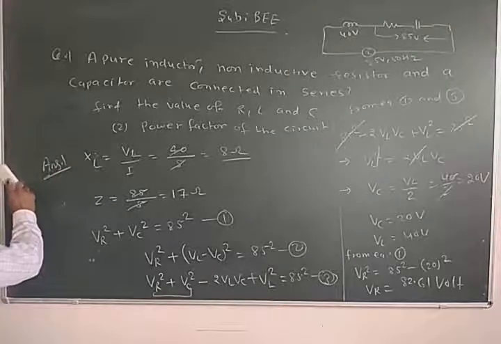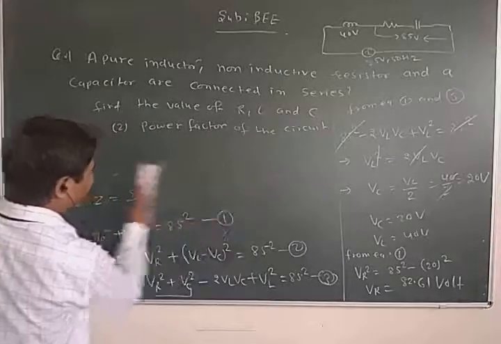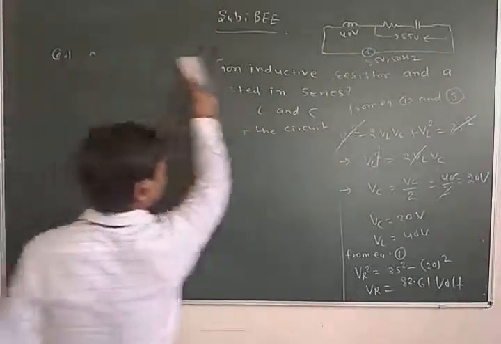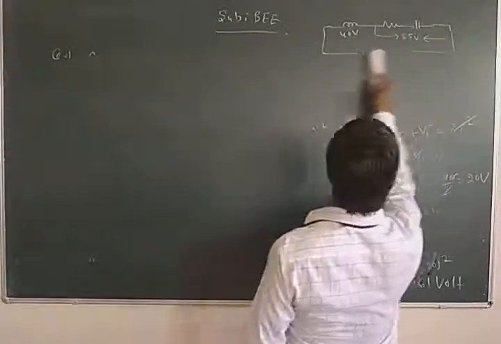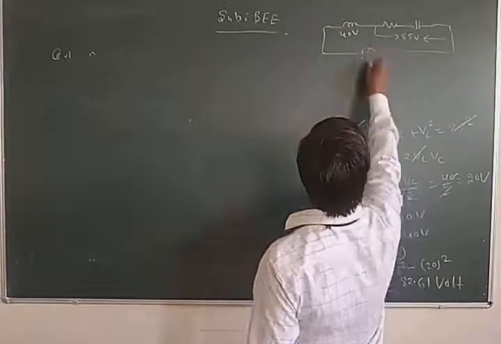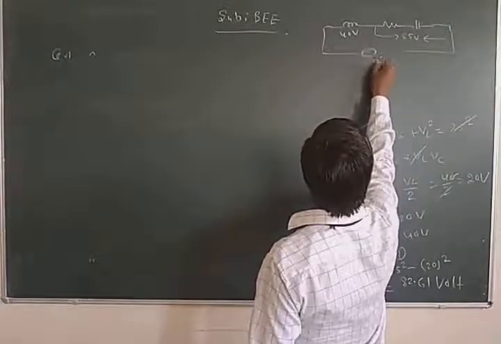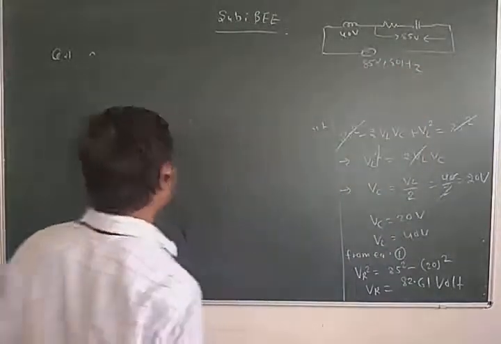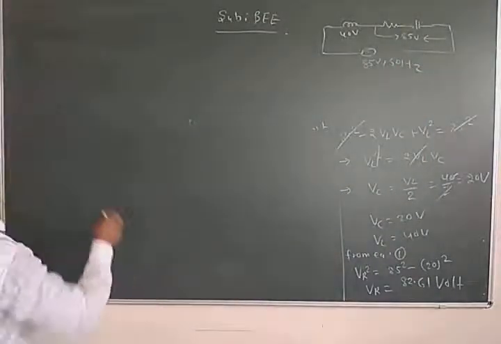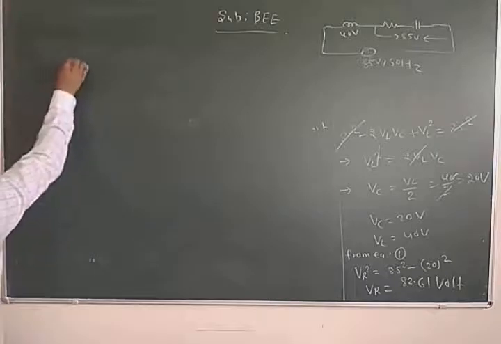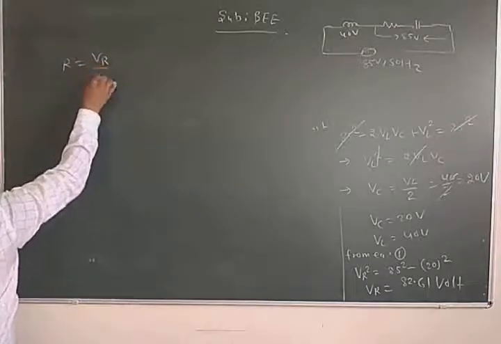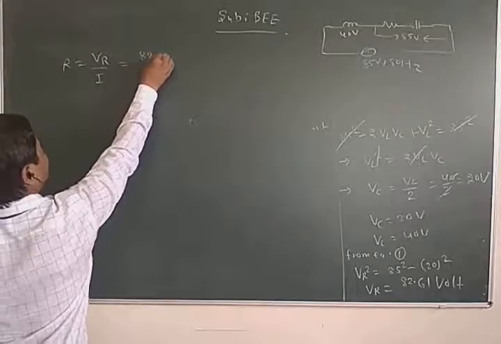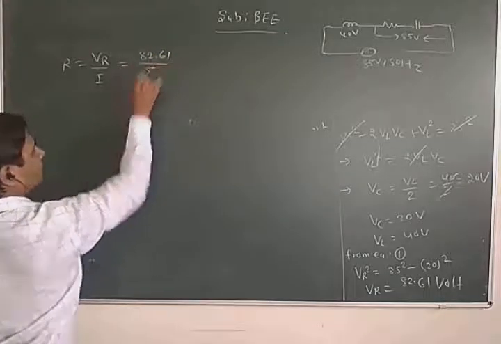Now next we calculate R, L and C. First, R is equal to VR upon I. VR is 82.61 divided by 5.